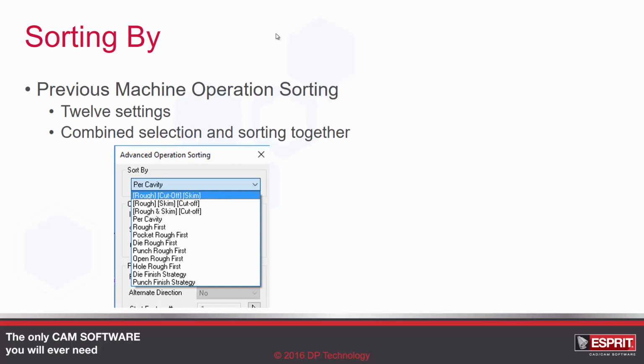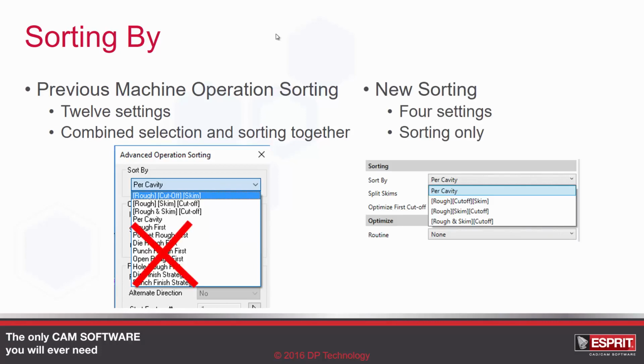Now, if you think back again to the legacy, when you were doing machine operation sorting, it was very confusing. You had a sort by and you actually had 12 different settings. The reason why we had 12 different settings is because we were combining the selection and the sorting together in one. So what we've done now is we made things a lot more simple by separating the selection, which we saw just a minute ago, from the sorting itself.